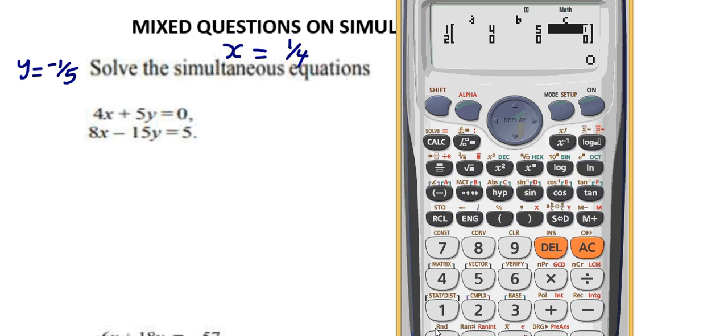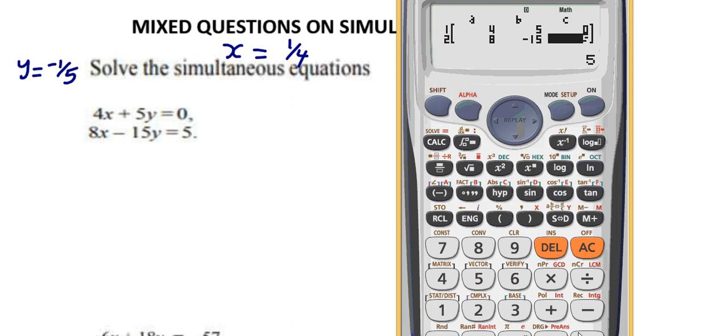C is 0, equal to. A in equation number 2 is 8, hit equal to, then B in equation number 2 is negative 15. Can you see that? Hit equal to, then C is 5, hit equal to.